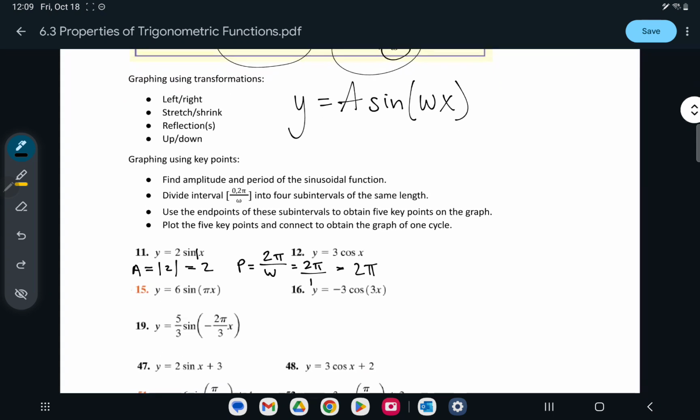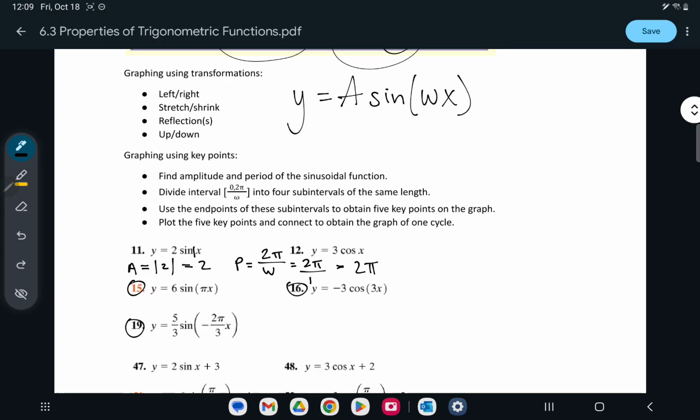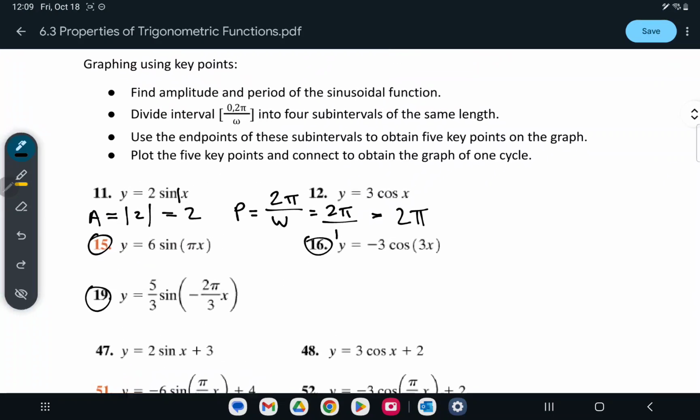Let's look at a couple of them. We'll do 15, 16, 19. Amplitude is absolute value 6, which is just 6. The period is 2 pi over omega.